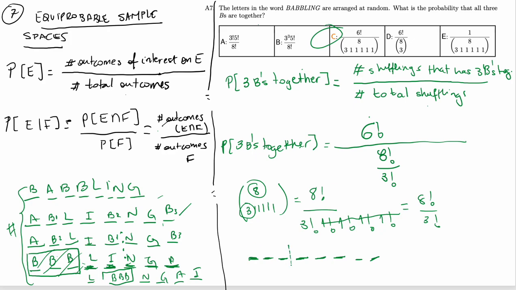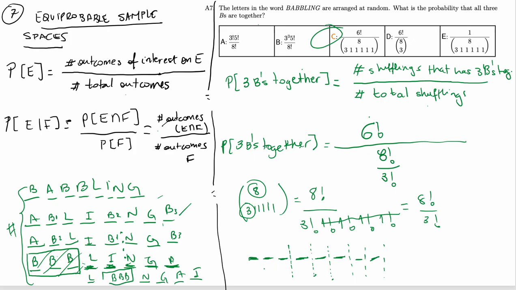From the 8, you're going to choose 3 to put letter B's on. And then you choose 1 to put the letter A, 1 you will choose to put the letter L, 1 letter I, 1 letter N, and 1 letter G. So what you're doing is a multinomial notation.